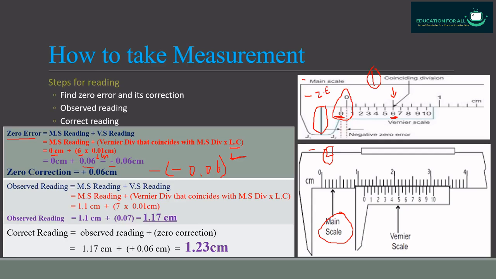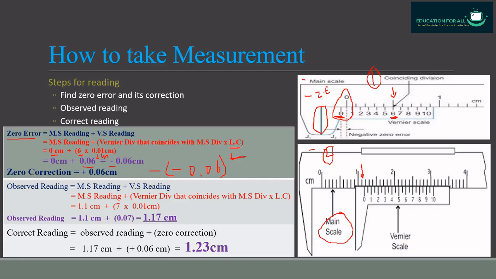Here there is no main scale division coinciding with vernier scale 0, so the division which is behind this 0 of the vernier scale is the main scale reading. This is 1.1 centimeters. I hope you got the concept.